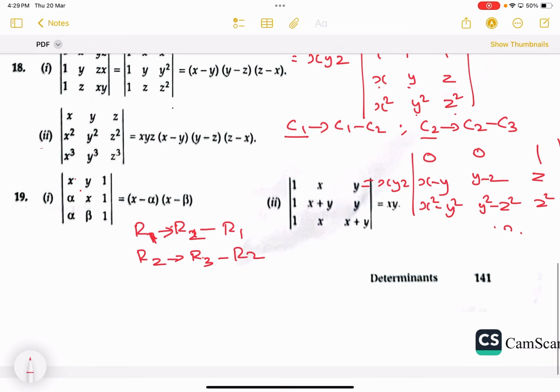Okay, so R2 minus R1. You said R3 minus R2.